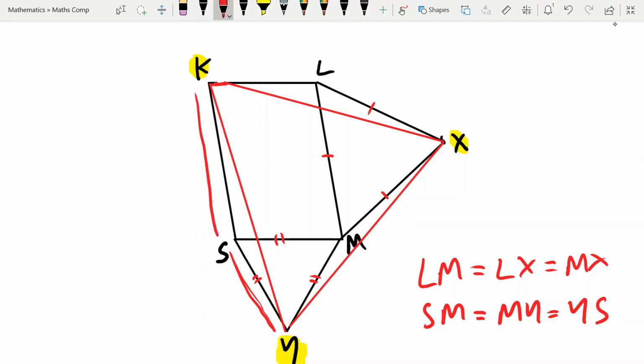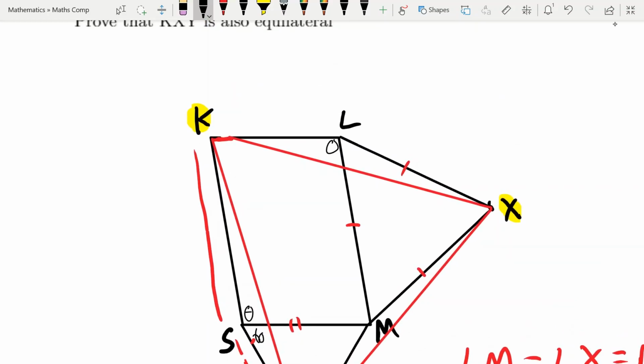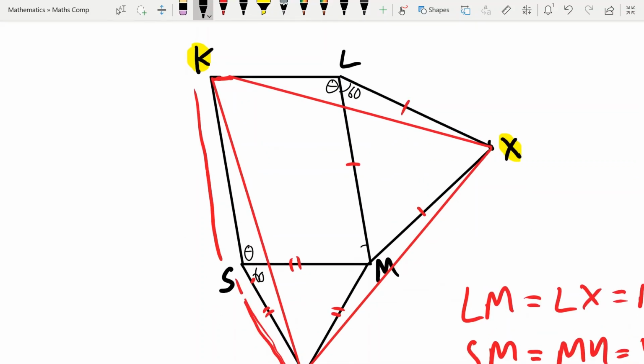And let's just do some angle tracing real quick. We know this is 60, and we can just call this angle theta. Opposite angles are the same, so we can say this is theta, this is 60 like the other one, and this is 180 minus theta. Both of these here are 60.